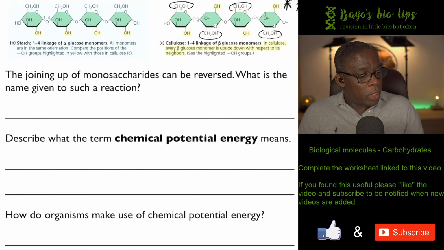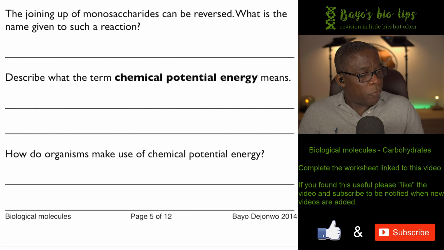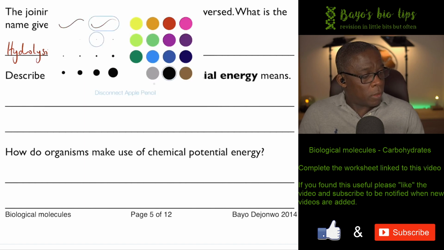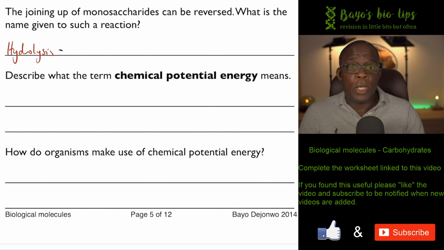so the joining up of monosaccharides can be reversed. What is the name given to such a reaction? And the name is a hydrolysis reaction. Yet again, sounds a bit fancy, but actually it's just from Greek.